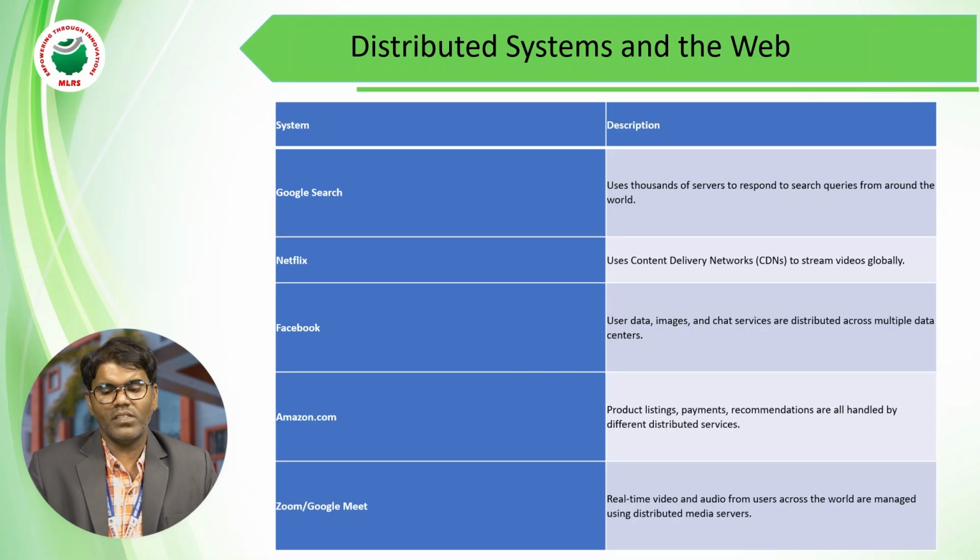User data, images and chat services are distributed across multiple data centers. And next, Amazon.com. Here the product listing, payment and recommendation are handled by different distributed services. And Zoom or Google Meet. Here the real-time video and audio from users across the world is managed.